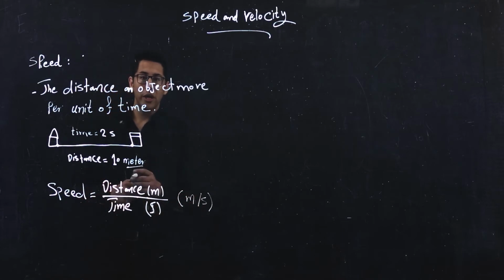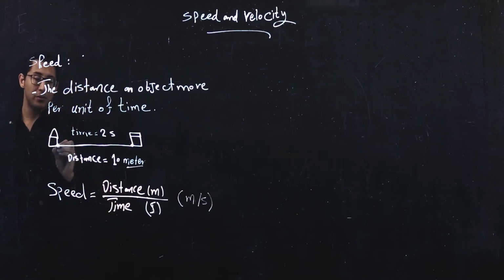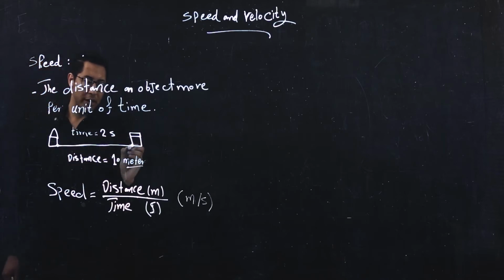So now you know the equation. You now know what I mean with distance. And here we have an example, so let's solve it together. Using the same equation, speed equals distance divided by time. They tell you the distance from your home to the supermarket equals 10 meters, and the time elapsed equals 2 seconds.